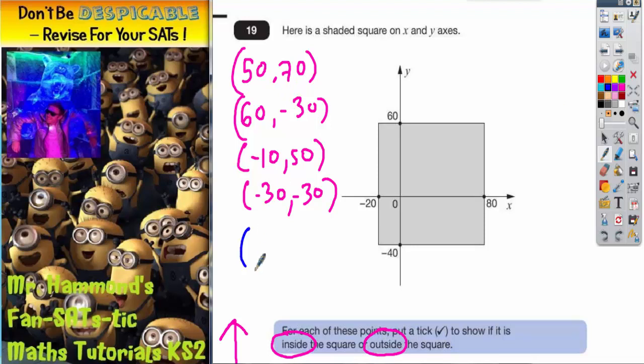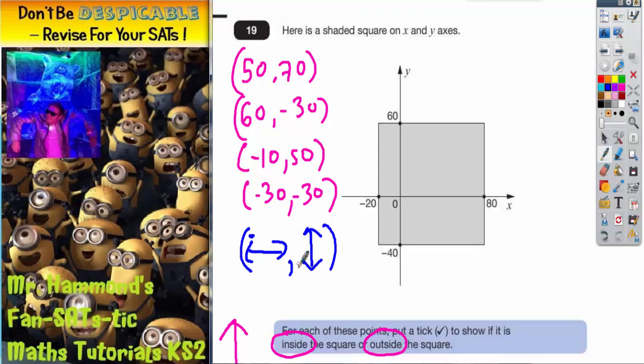Remember that for any pair of coordinates, the first number before the point is your left and right number. So if you go to the left, you're going to the left of 0, so that's negative. If you go to the right, you're going to the right of 0, so that's a positive number. Your second number is always up or down.